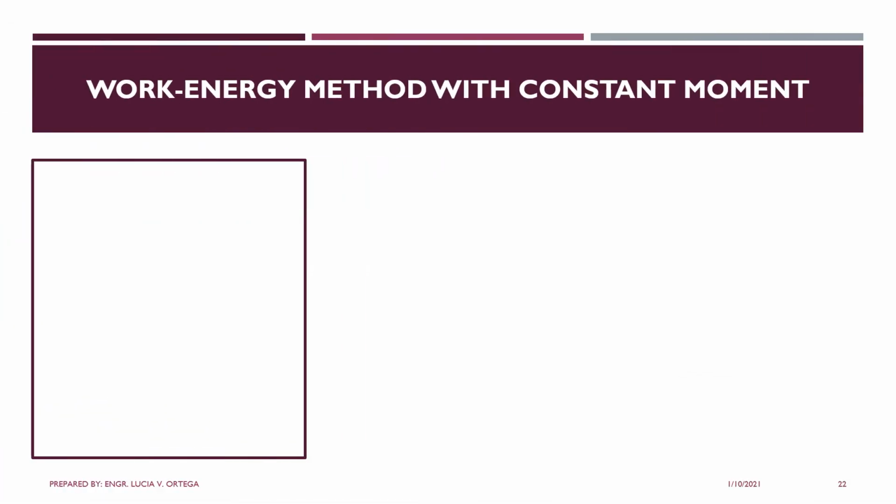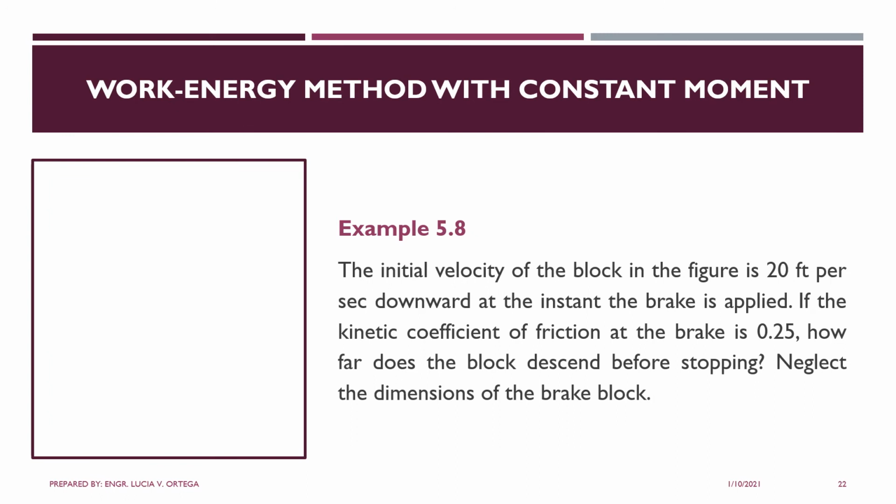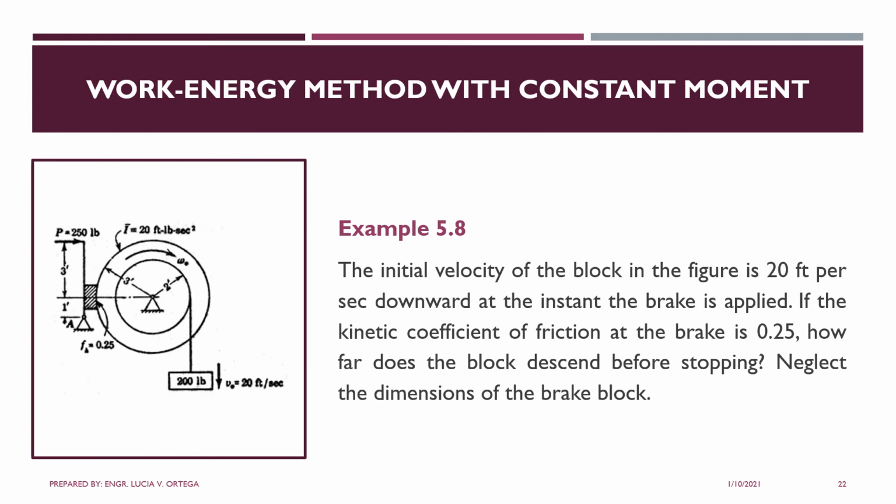So let's consider applying the work energy equation for a system with constant moment. The initial velocity of the block in the figure is 20 feet per second outward at the instant the brake is applied.